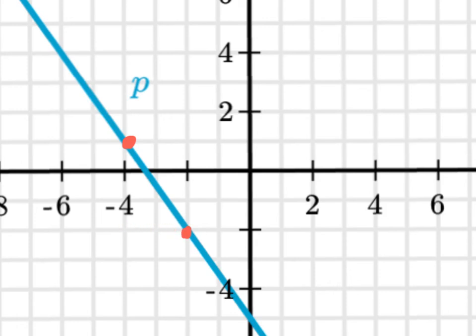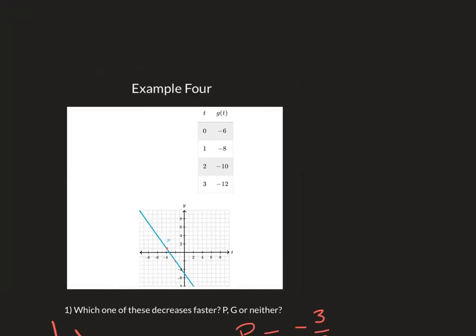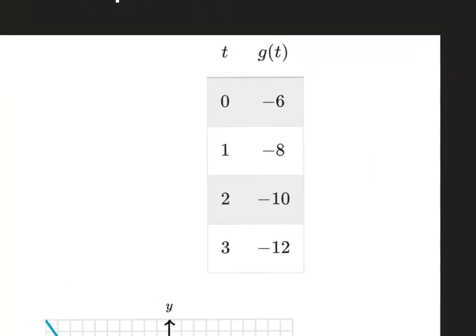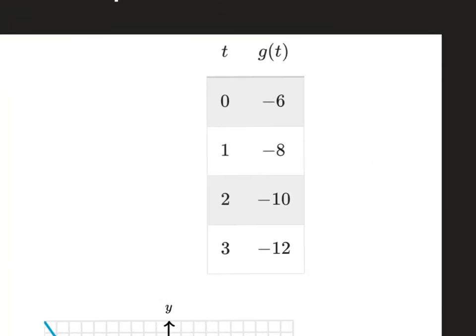If we go back up to here, we know that t is representing how far over we're going. So we're going to look at these 2 points to find our rise over run. We're only going over from 0 to 1, so our run is going to be 1.